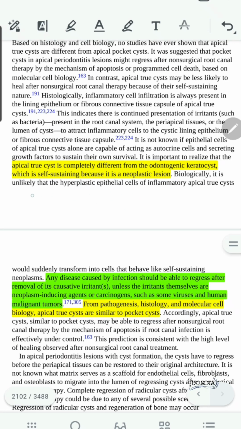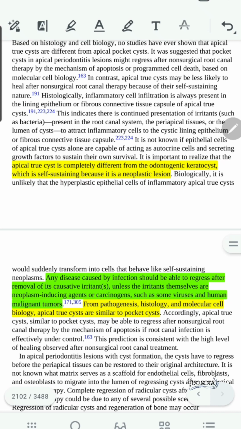And for lesions that do not heal, we may suspect new neoplastic lesions like the odontogenic keratocyst, which means that after we do the root canal treatment, a true cyst maintains its shape and size, but a neoplastic lesion grows by its own and will increase its size with time.